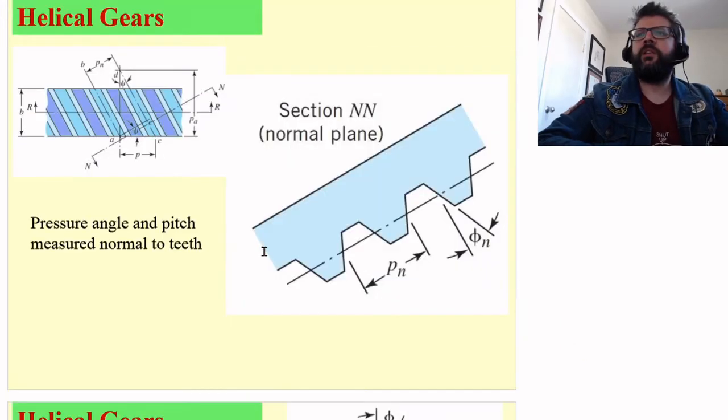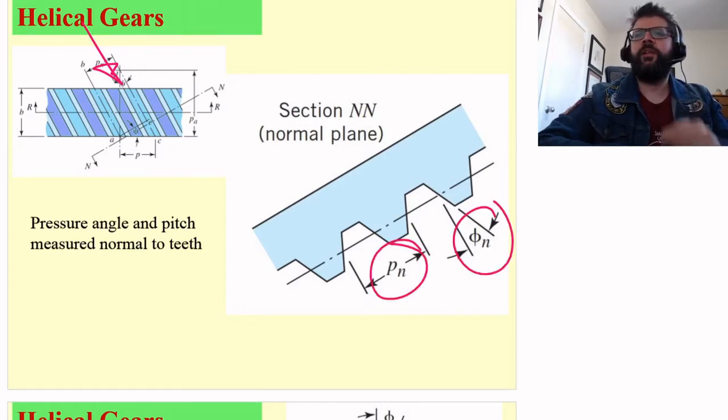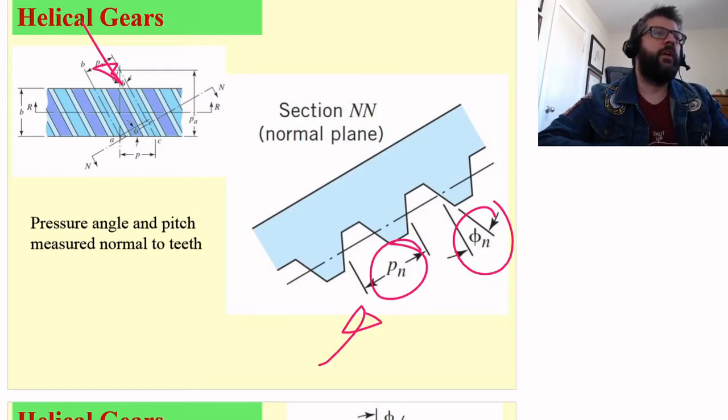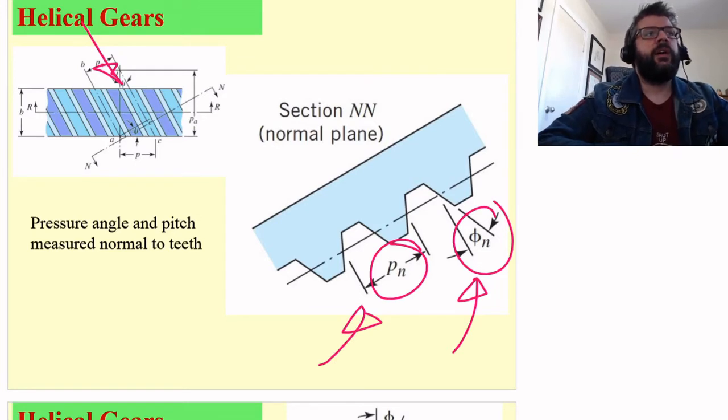But if we're looking at it from an angle, from this direction, we might be seeing something like this. So we're going to have a different pressure angle and a different pitch, measured normal to the teeth. And this is essentially the pressure angle and pitch that would be associated with the process that was used to cut the teeth.